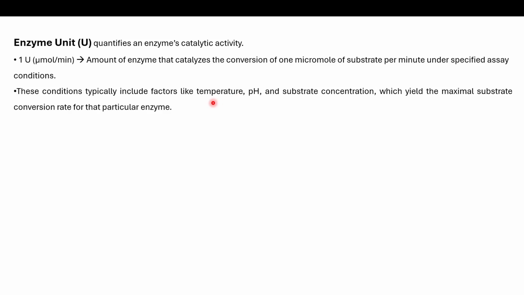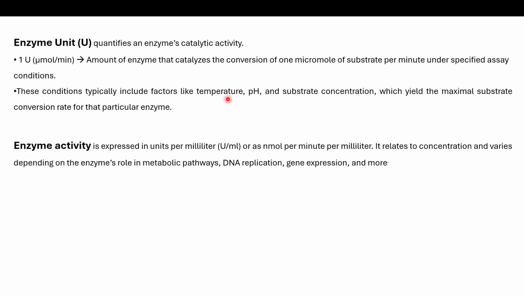Usually, the way to deactivate an enzyme during our day-to-day laboratory experiments is to increase the temperature to a specified range so that it is denatured and loses its catalytic activity. Now, enzyme activity is expressed in units per milliliter.